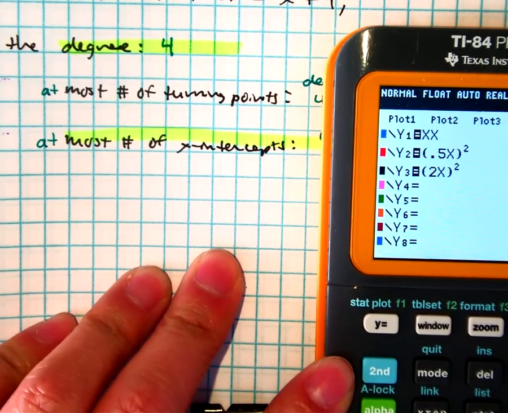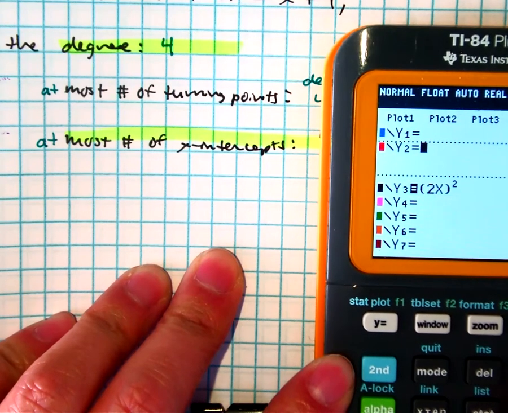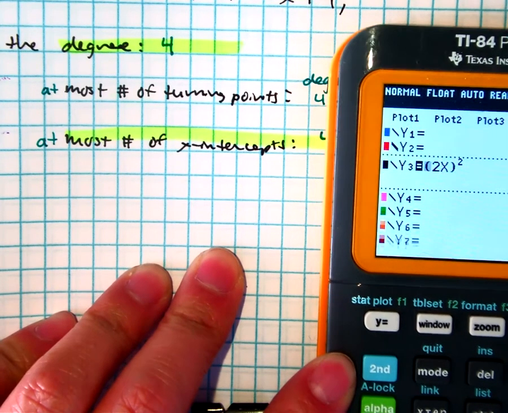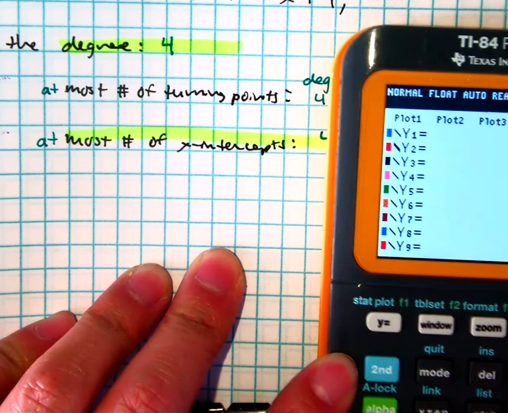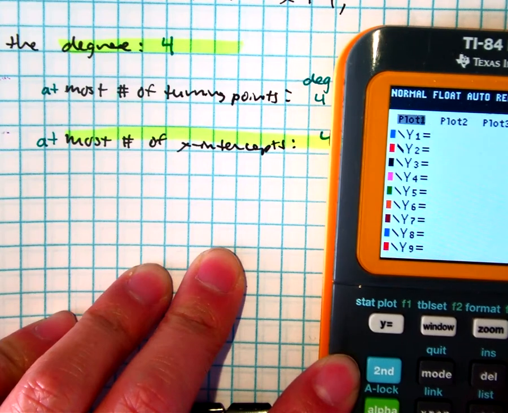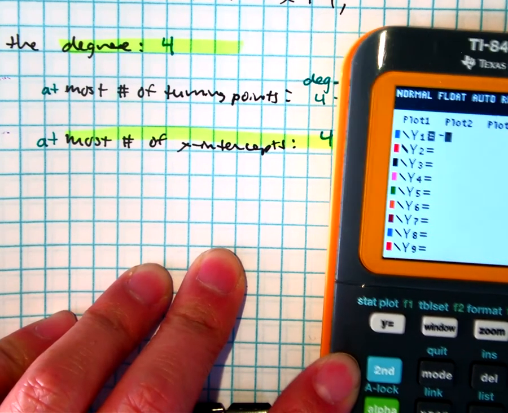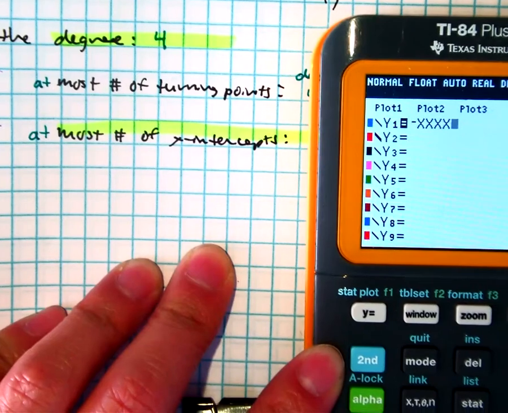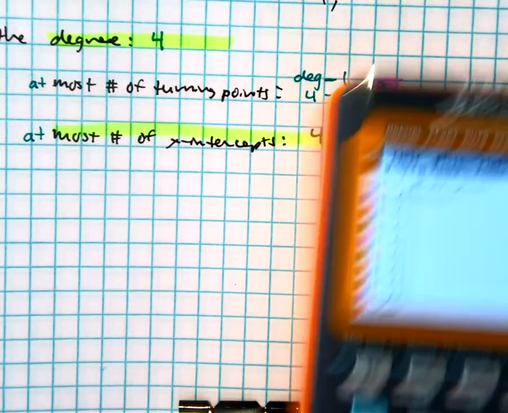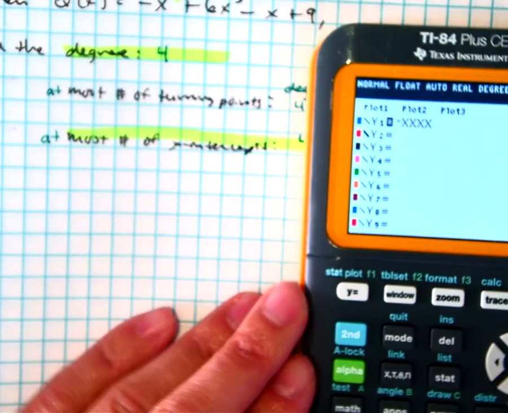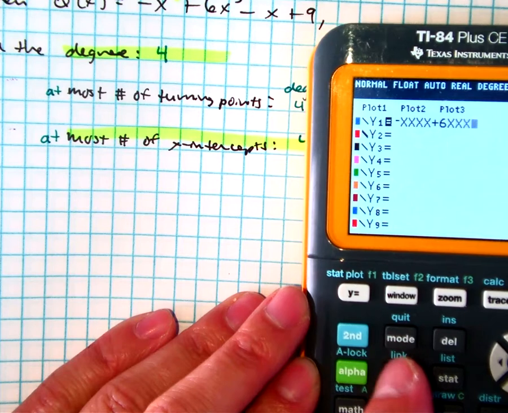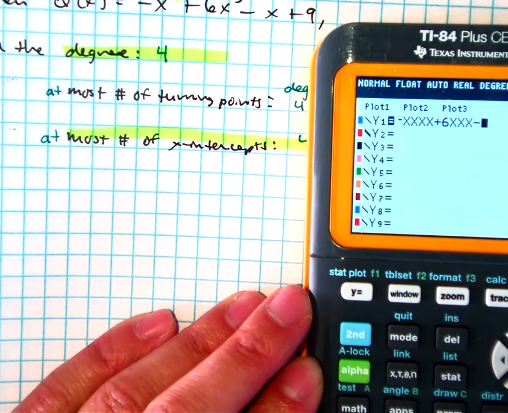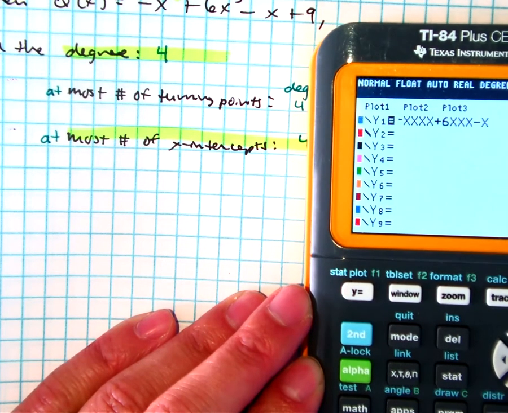Go to y equals, clear it out. And I'm going to be typing in negative x to the fourth plus 6x to the third minus x plus 9.